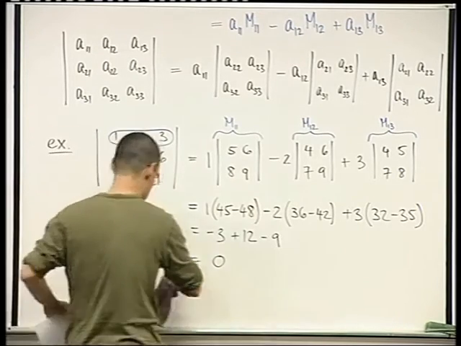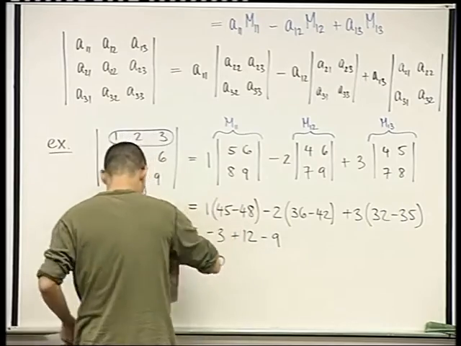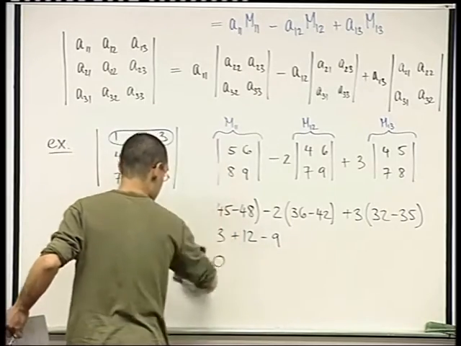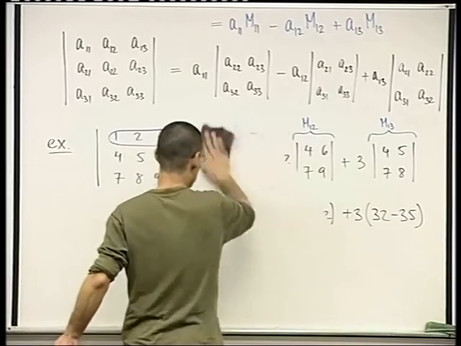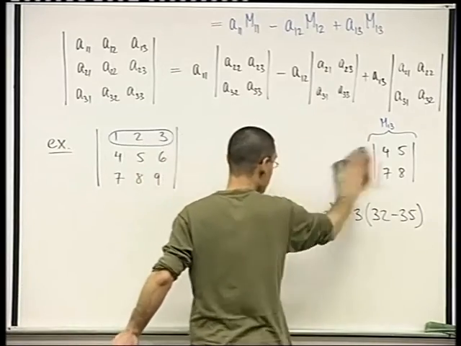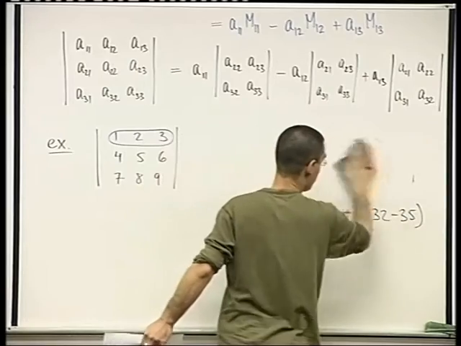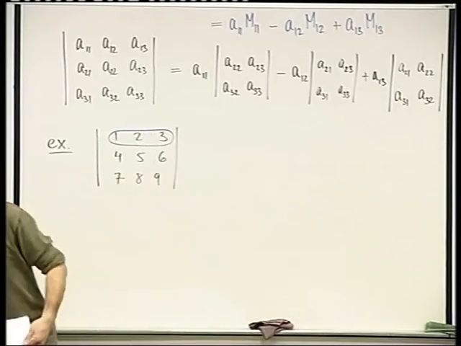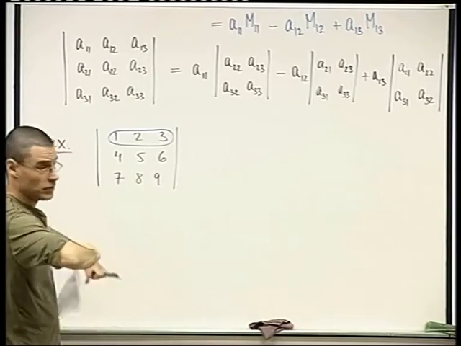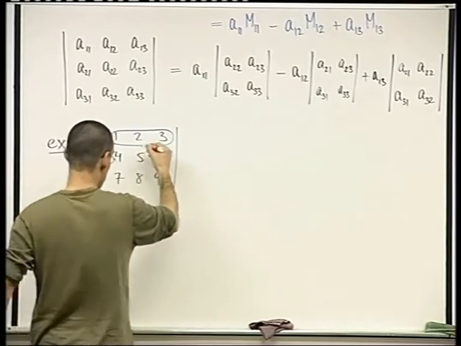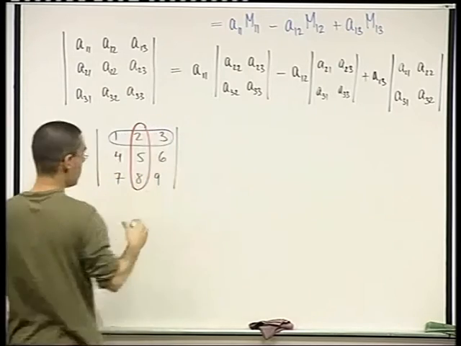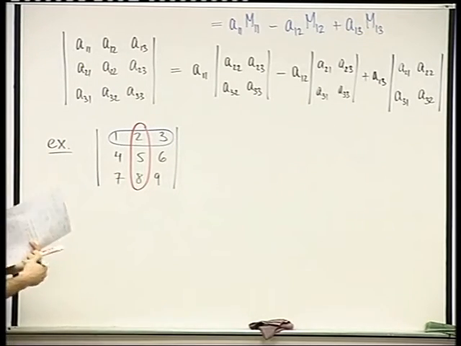I'm going to erase this, and I'm going to calculate it again. But this time I'm going to use not the first row, but rather maybe the second row. Or maybe let's use the second column. Okay, so let's see what we get.